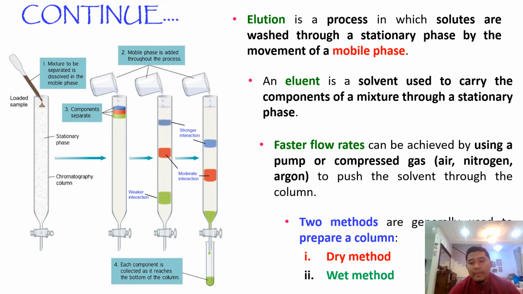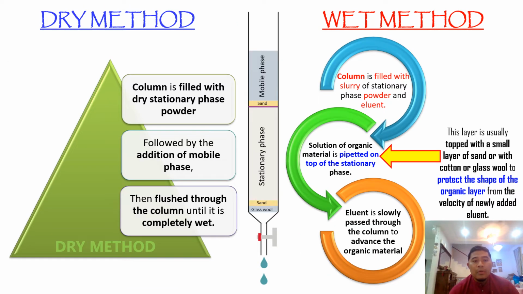Okay, there are two methods generally used to prepare a column. First is the dry method, and the second one is the wet method. In the dry method, you fill the column with dry stationary phase powder, followed by the addition of mobile phase, then flush the mobile phase through the column until it is completely wet.